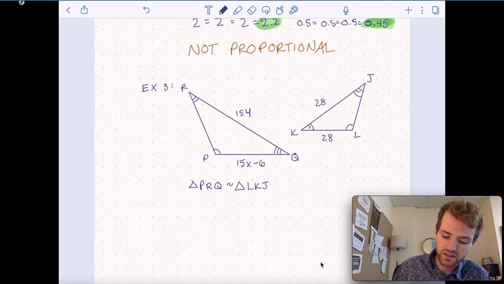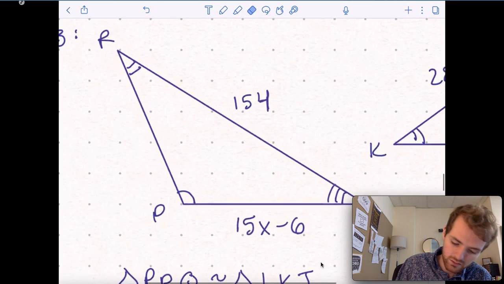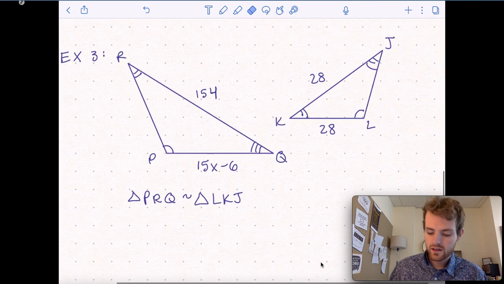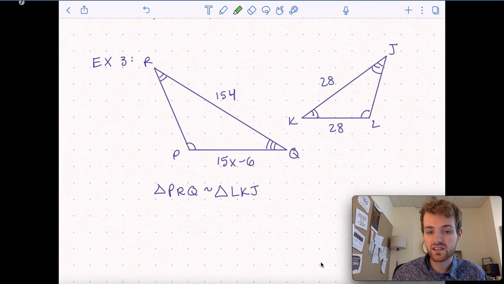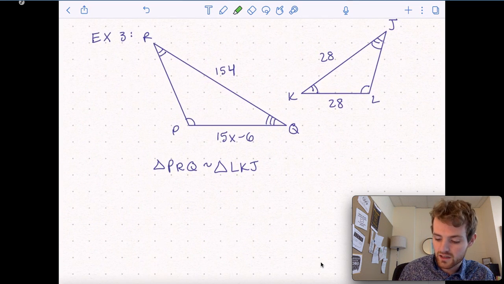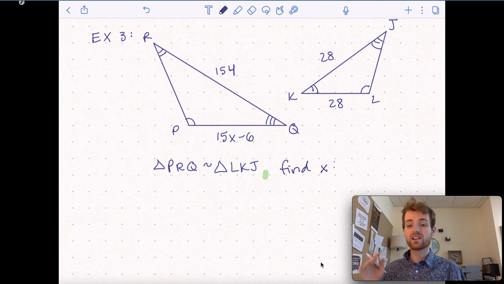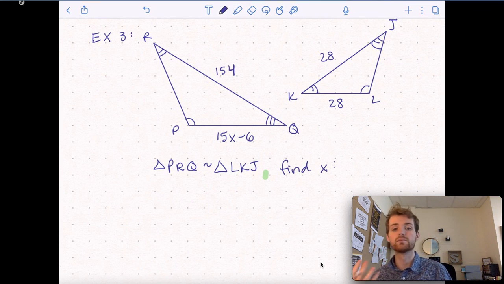If the problem wants us to find a variable, this is where we're going to set up a proportion to cross multiply.